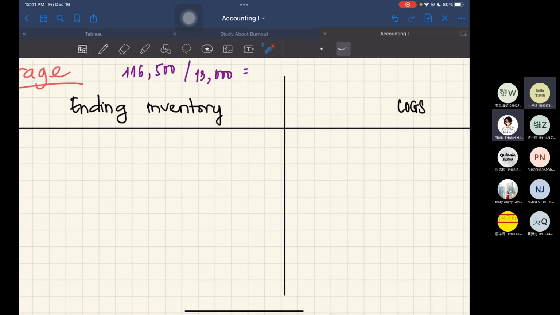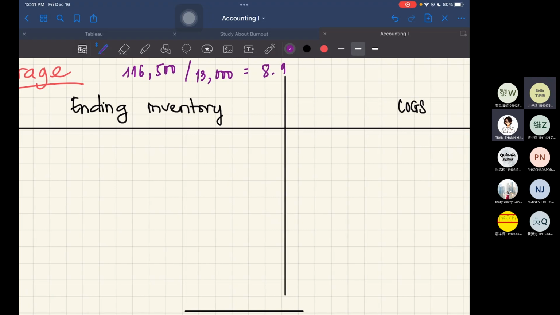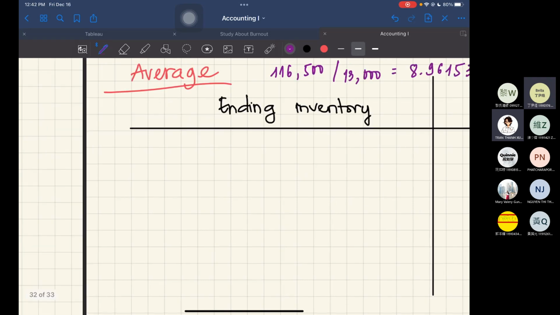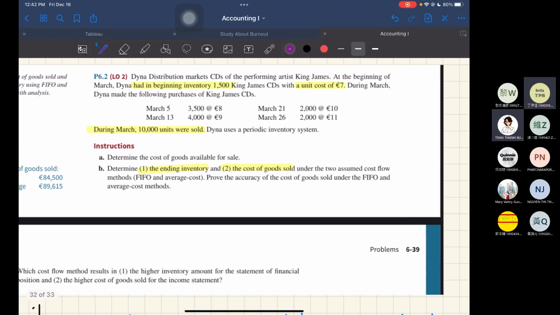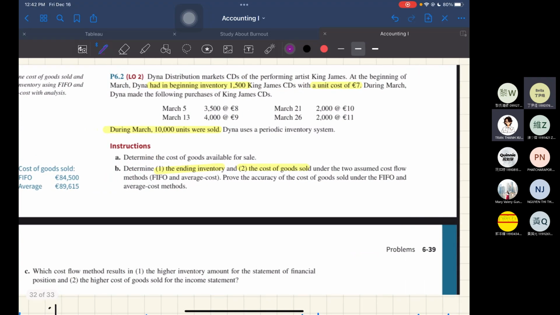Second, we're talking about the average method. Here, the unit price is the total cost divided by the total units. So 160,500 divided by 13,000, I will have 12.3461538.